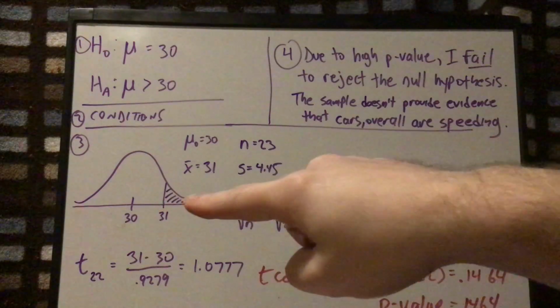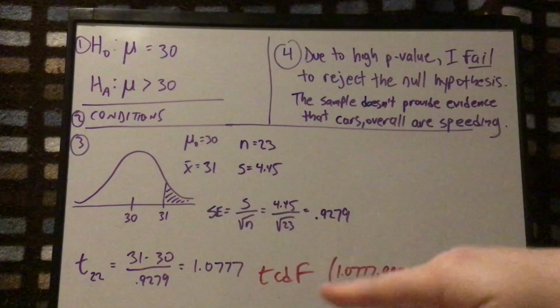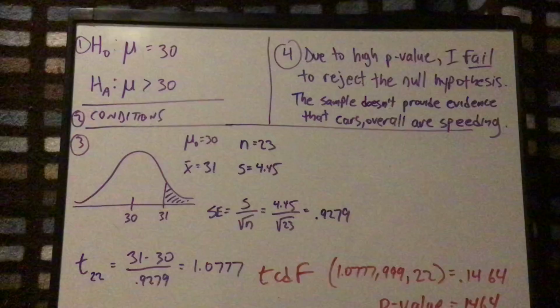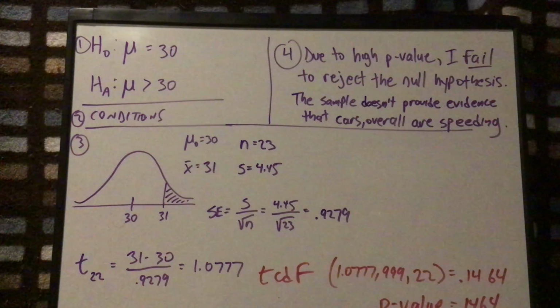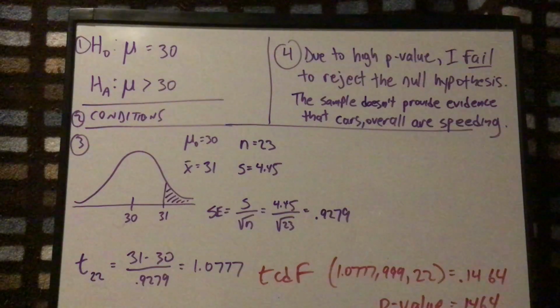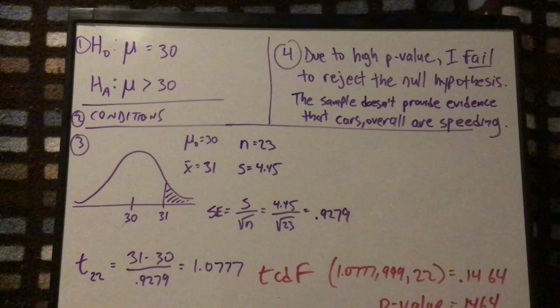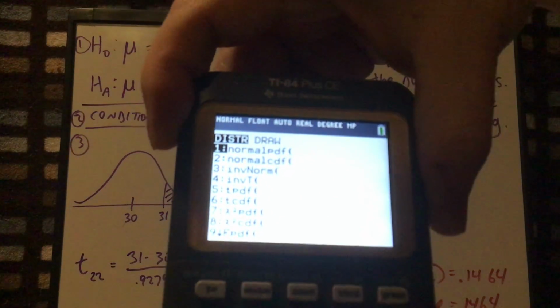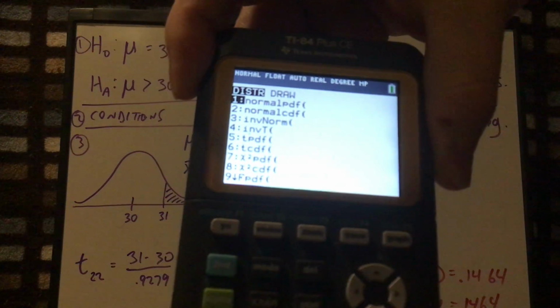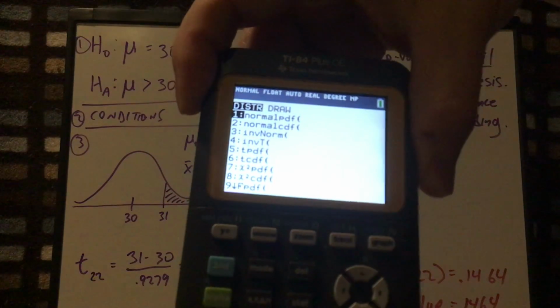I need this area. Since this is a t distribution, make sure you use tcdf and not normalcdf to get the area. So in the calculator, if you go to your distributions, hopefully you can see it somewhat. There you go. Notice that there is a tcdf. It's number 6.